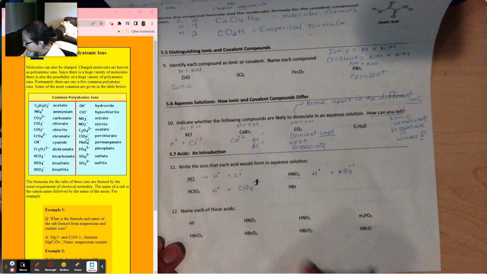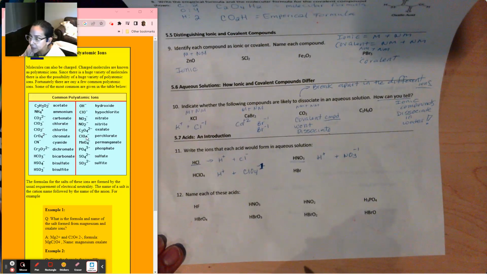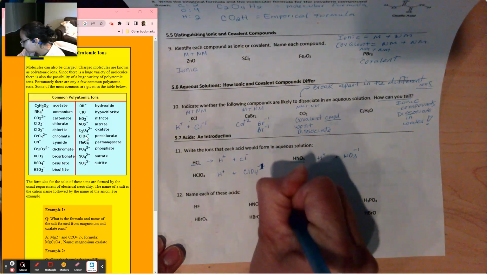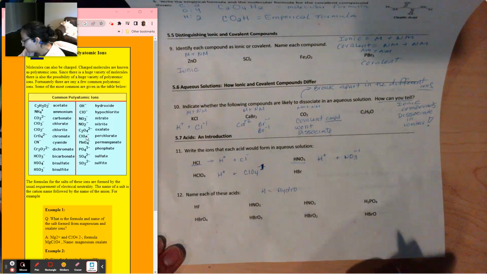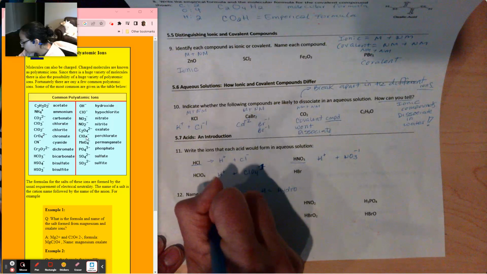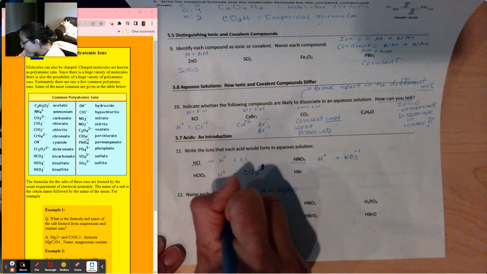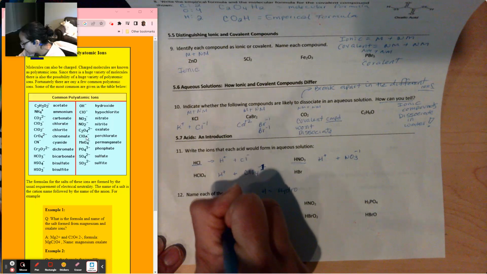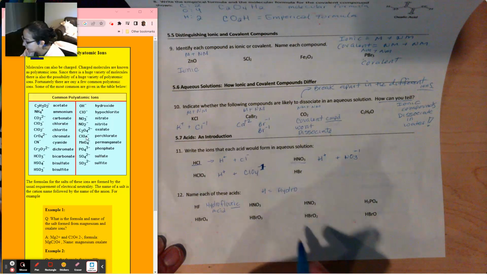All right. Name each of the following acids. So when naming acids, remember we're going to use hydro at the beginning. So if you see H, you're going to have hydro. So this is hydrofluoric acid. And the name is going to end in ic.